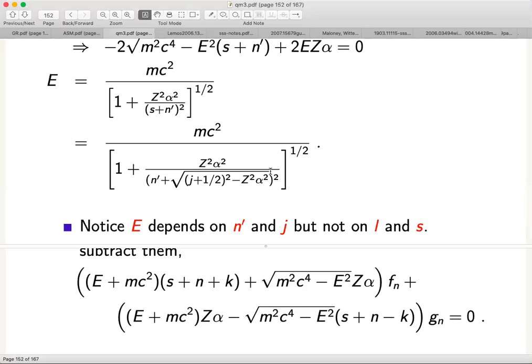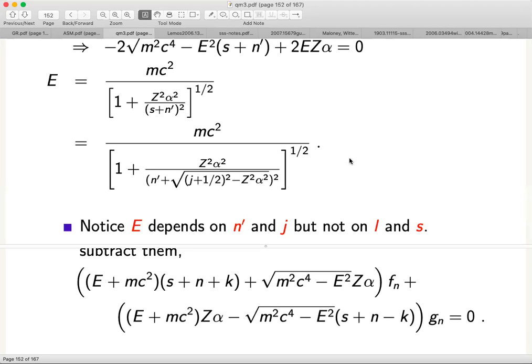But this bracket should cover the entire denominator and the square of that, which is the same as s plus n squared, whole to the half. So that is the hydrogen atom spectrum when you solve the Dirac equation.